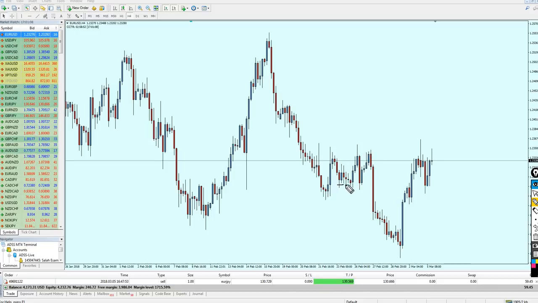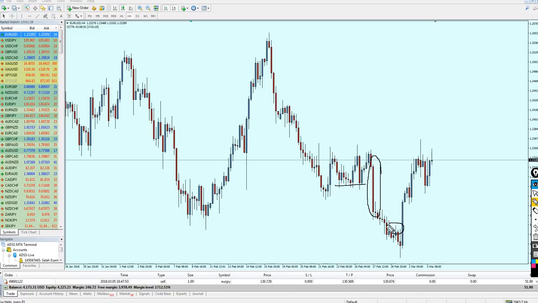If you have a support level here, always be sure it will be broken out with a long candle. If it was a support, it will be broken out by a long red candle or long bearish candle.